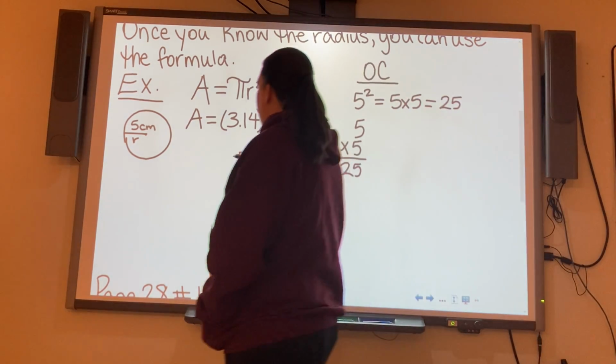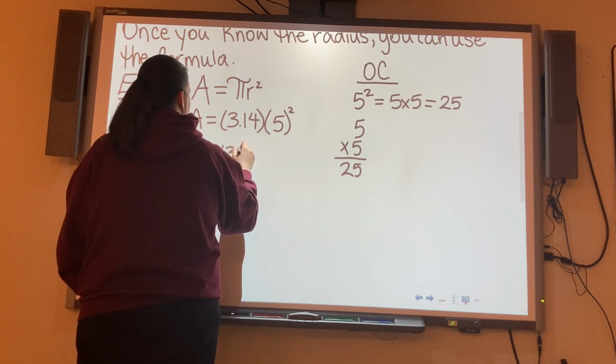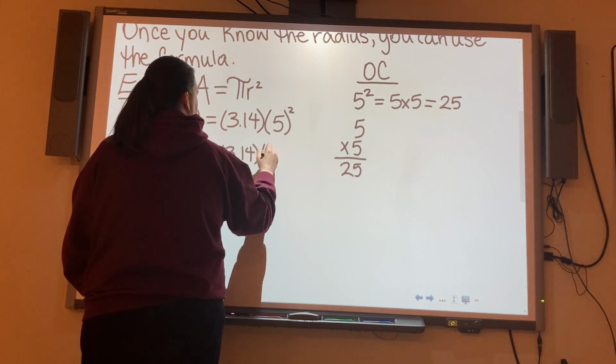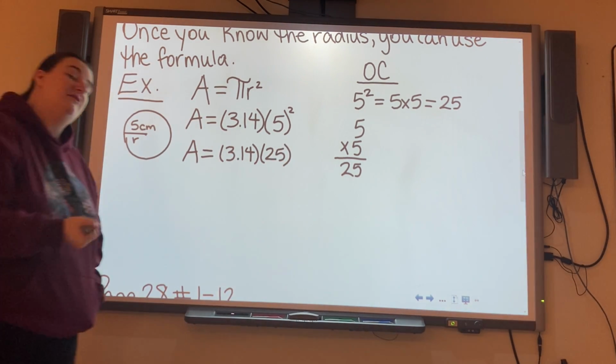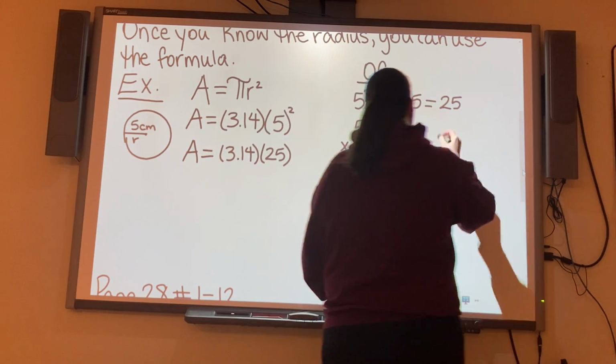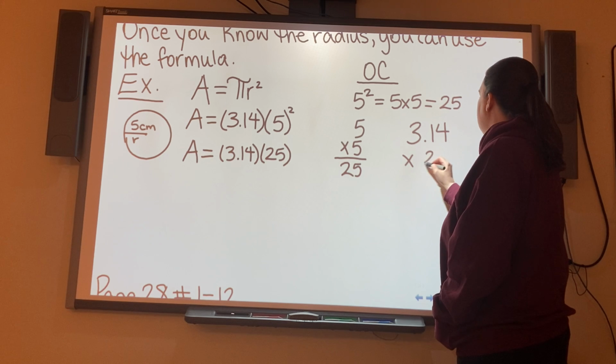So we've got 25, we go and replace it in our formula. 3.14 times 25. So now I multiply 3.14 with 25.